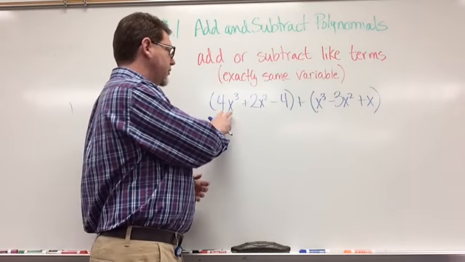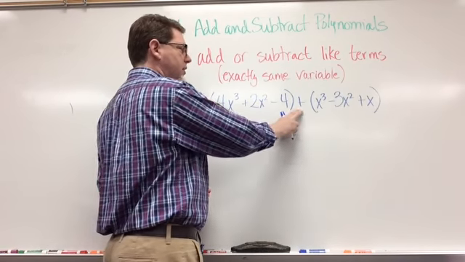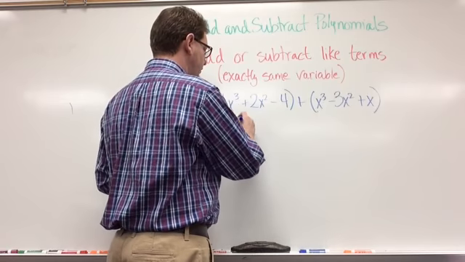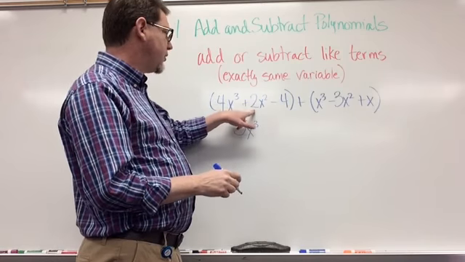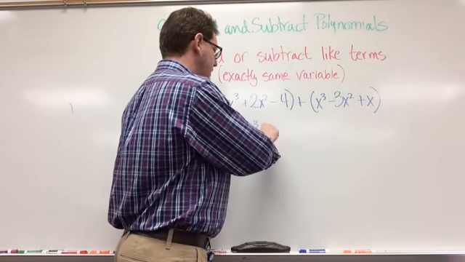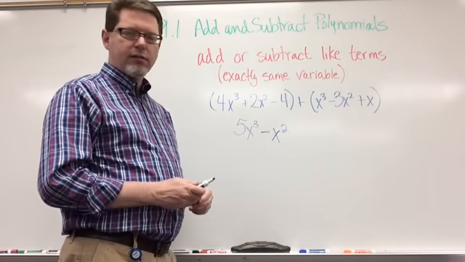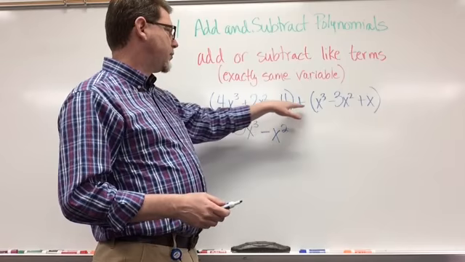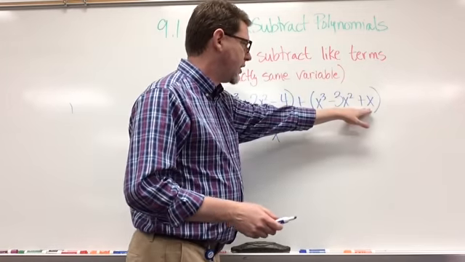So I'm going to start with 4x cubed plus x cubed, which would be 5x cubed. And then I have 2x squared plus negative 3x squared, which is negative 1x squared, or just negative x squared. And then I have negative 4 plus nothing, and I have an x over here that I haven't used yet.